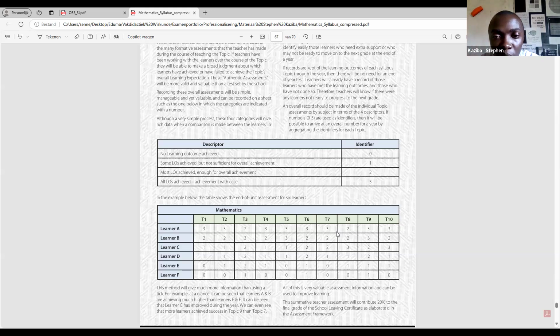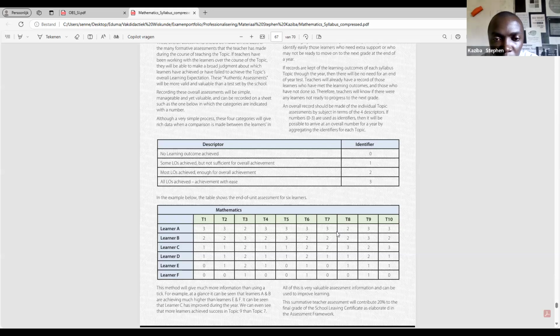After scoring it on a scale of 10, we convert it using descriptors on a 3 scale. Then we place them whether they are at a basic level, at intermediate level, at advanced, or they have accomplished the competence.